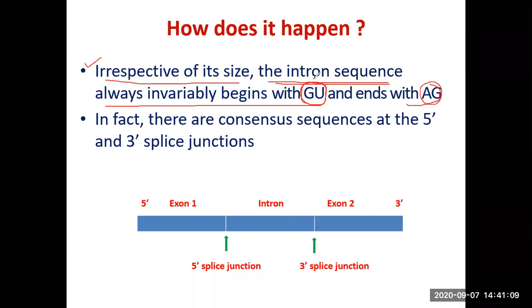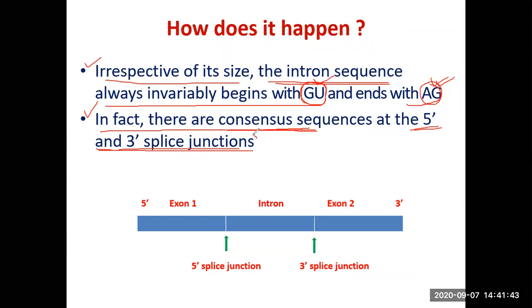The first two nucleotides of an intron, irrespective of its size, are going to be G and U, and the last two nucleotides are always going to be A and G. In fact, there are consensus sequences at both the places, at the 5' splice junction and the 3' splice junction. At these two junctions, you have sequences which are identical in all the exon-intron junctions.